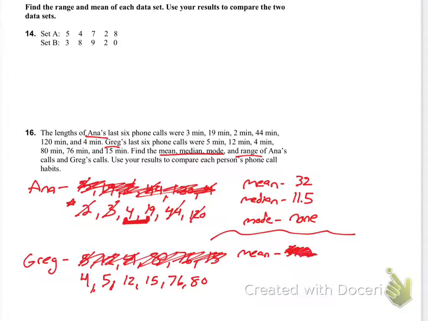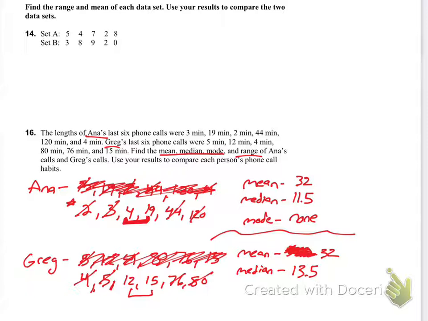That's not 39.2, we must have added something wrong. So that's going to be 32. And then the median. I take one number off each side at a time. I'm left with these two numbers in the middle. So I just take 12 plus 15 and divide that by 2. It'll be 13.5.